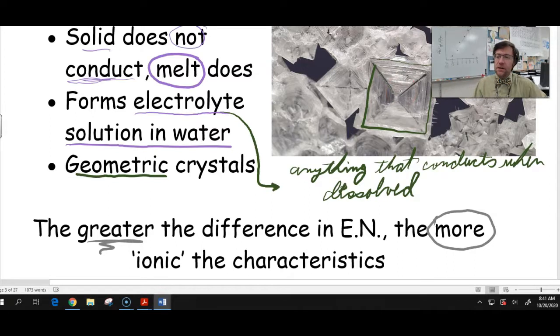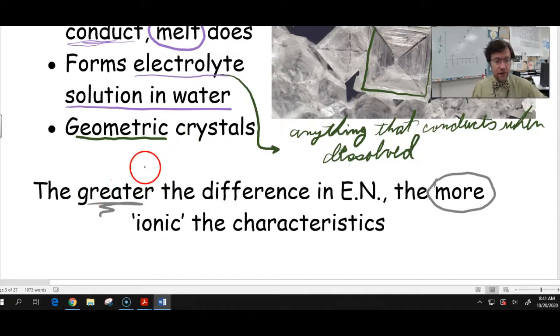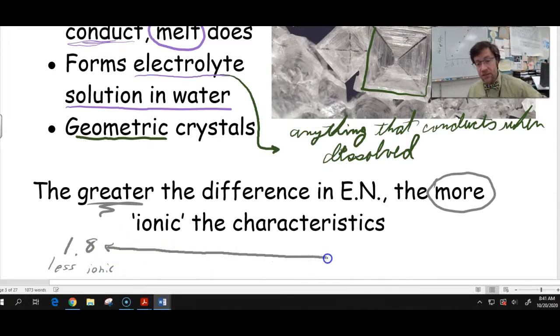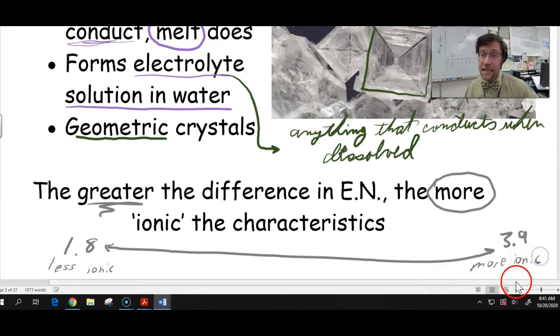So if you have, for example, a difference in electronegativity of 1.8, this will be less ionic. And if you have something way on the other end of the scale with a difference in electronegativity of 3.9, this will be way more ionic in characteristic, right?